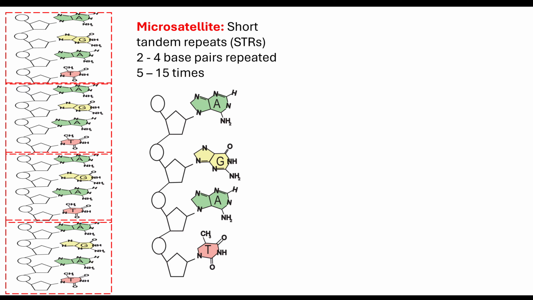So in this case, my microsatellite is the combination AGAT. So that's 4 base pairs which are going to be repeated, and that can be anything between 5 to 15 times. So in my diagram, we have got 4 of them that we can see in the repeated sequence.